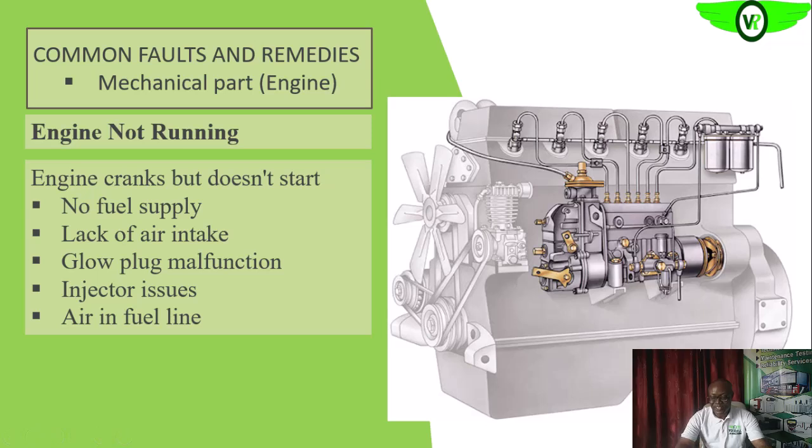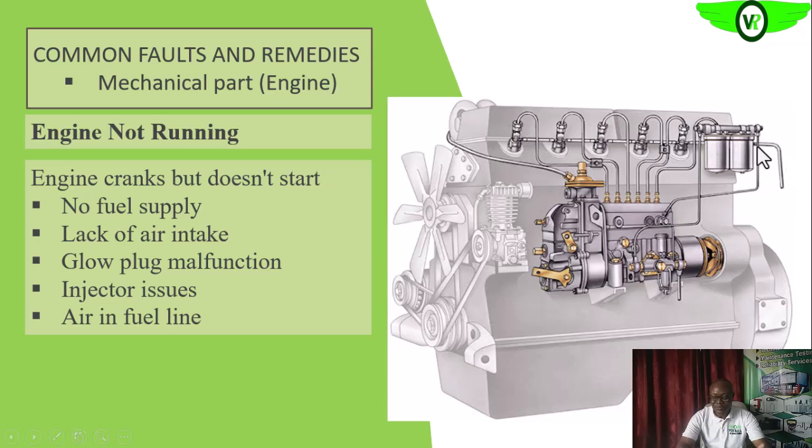If you have fuel in the tank, you check if the fuel is delivered to the pump. Once you are cranking, you can open up here to see that fuel is coming through the fuel filter, coming through to the pump. If it is coming to the pump, are you getting it? But if there is no fuel coming to this area, that means something is wrong upstream of this filter.